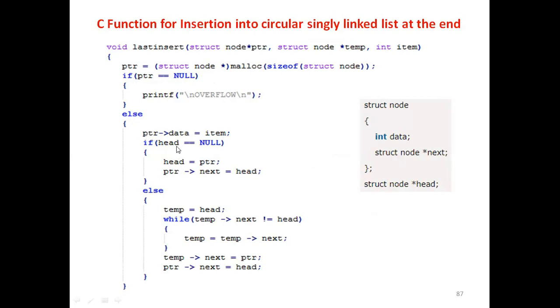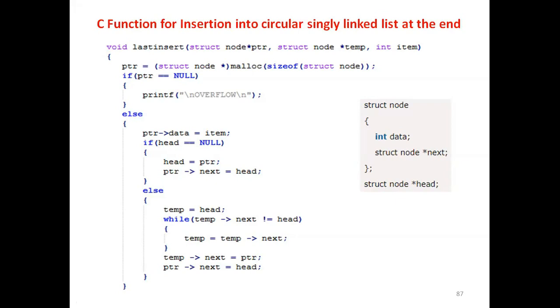Else ptr data equals to item is done, okay. In the data field we are inserting the data item, and then we are checking if head equals to null. That means the list is an empty list.